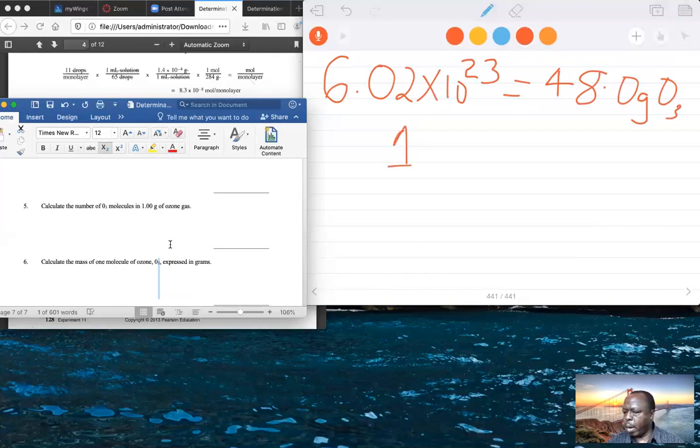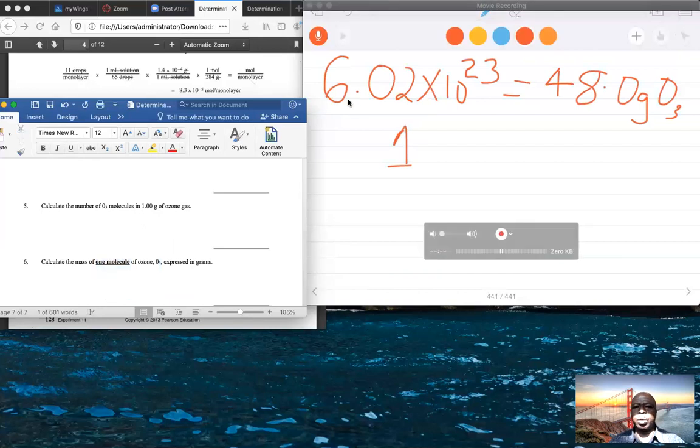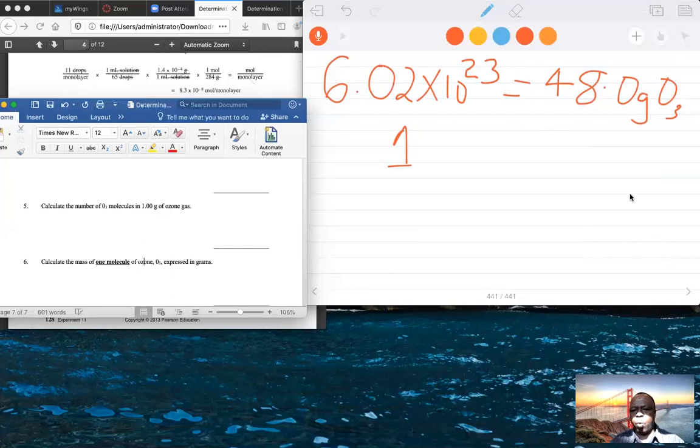What about 1 molecule? They are talking about here 1 molecule. Look at what I'm highlighting, 1 molecule. If Avogadro number weighs this, how about 1 molecule? And then you know how to set up your equation. That will be the follow-up question. Having said that, that is just the exercise for this determination of Avogadro number.